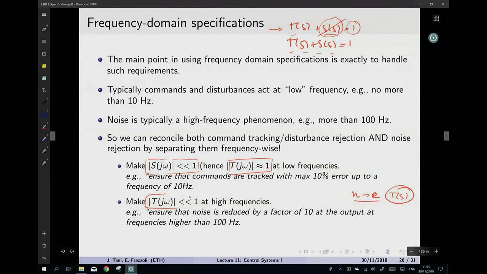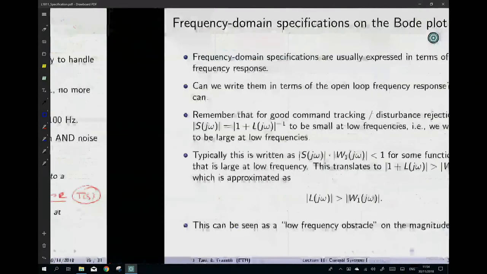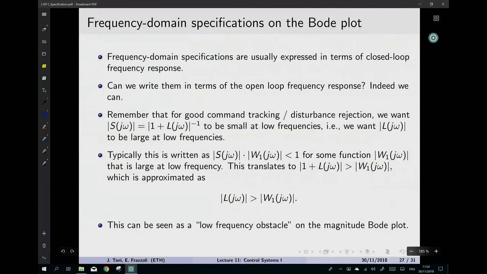Of course, these two things cannot happen at the same time, because if T(s) is 0.01, then S has to be whatever it is to get to 1. It can't be 0.01 as well. But we can make this small just at a different set of frequencies, at different values of S.